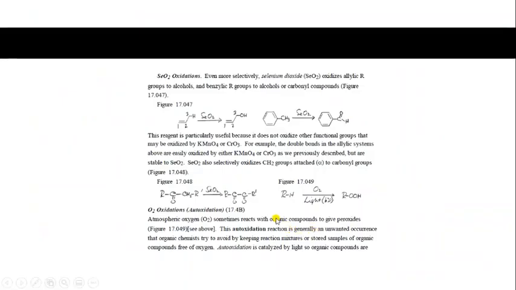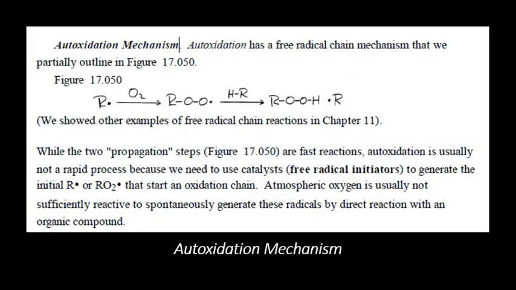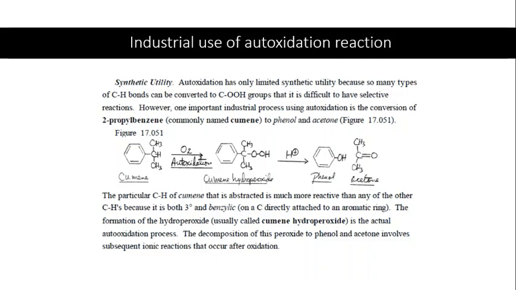This auto oxidation can sometimes be used purposely at the industrial level. I mean, this can be used for the production of certain important chemicals. For instance, phenol is usually produced from cumene by utilizing this auto oxidation.